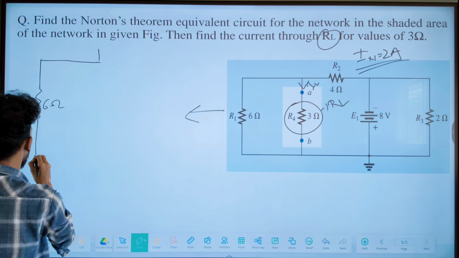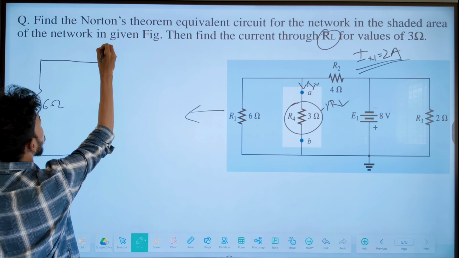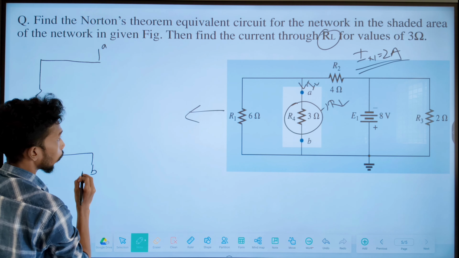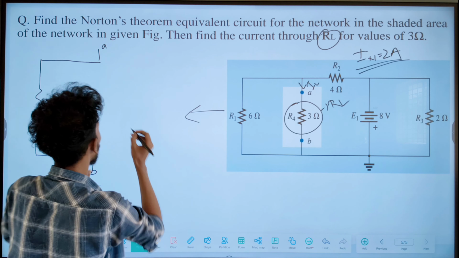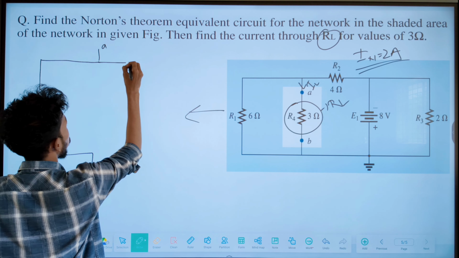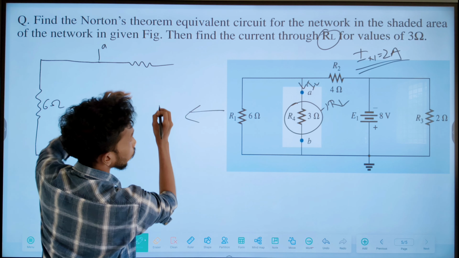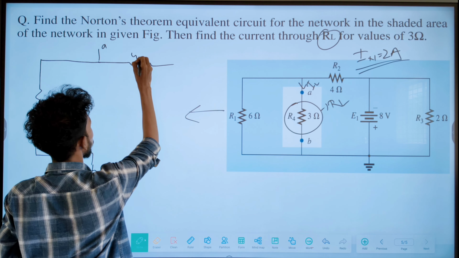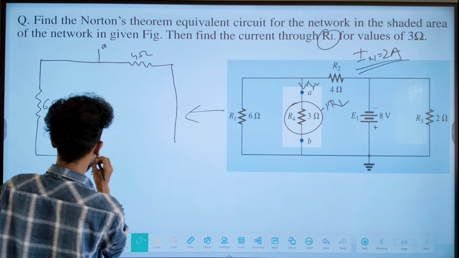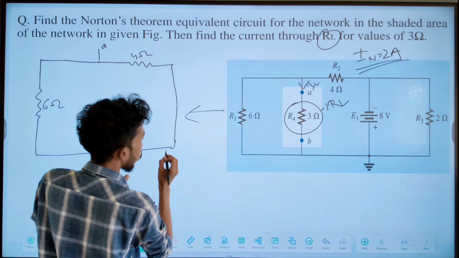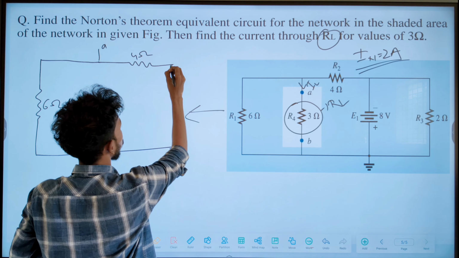This is our A end and this is our B end, and we will make that battery source a short circuit branch. 4 ohm resistance is also here, and we will make the battery source a short circuit branch. So it will look like this, and one resistance is also present there.